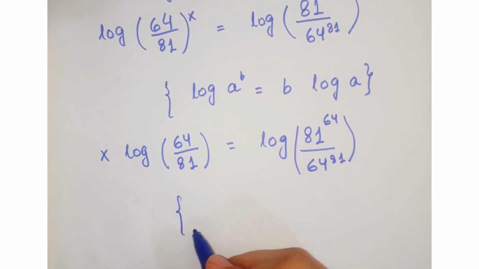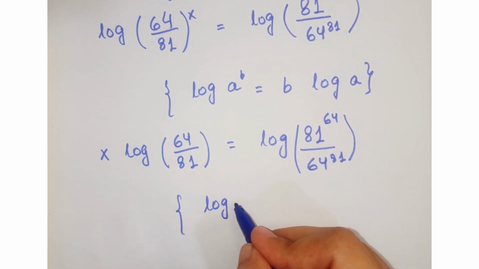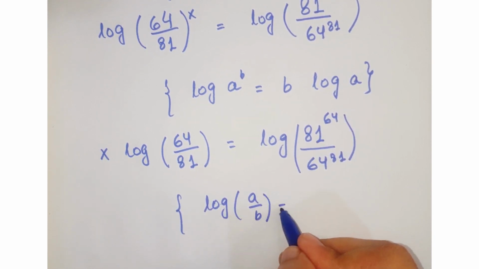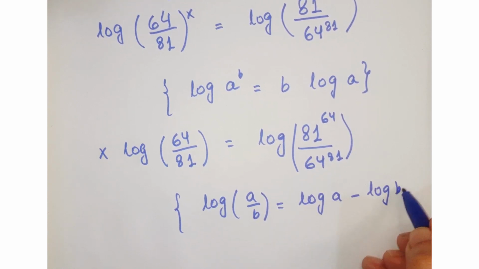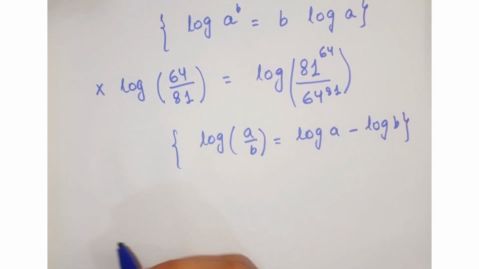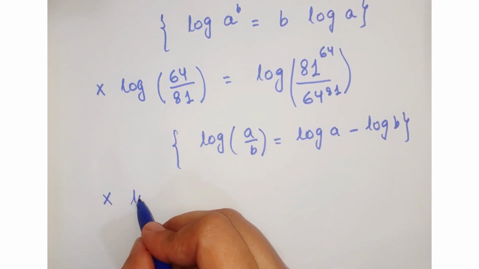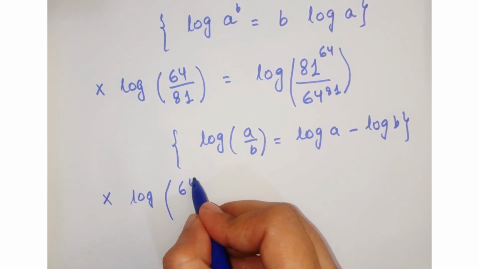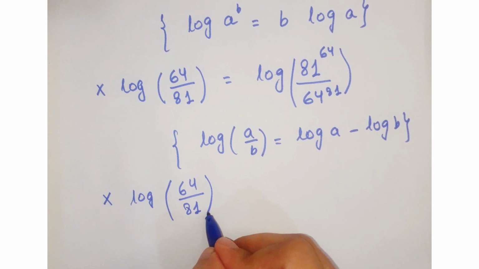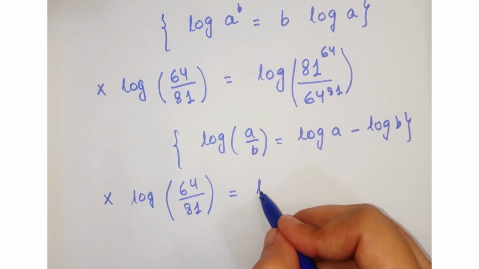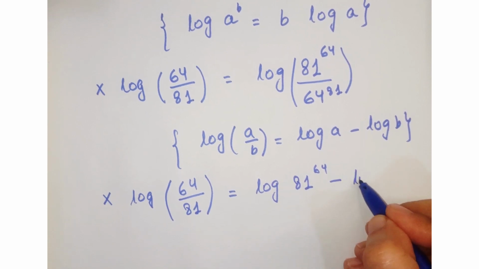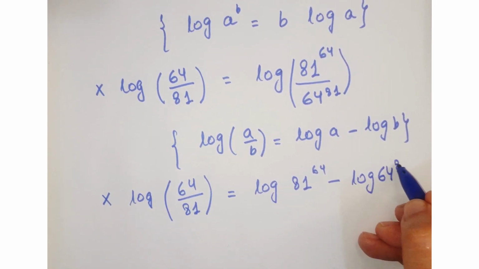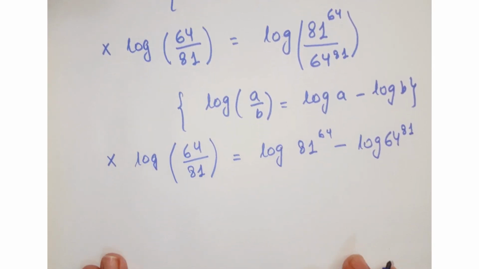Now there is another property of log, that is log of a upon b can be written as log of a minus log of b. We are going to keep this term as it is and just write here log of 81 to the power 64 minus log of 64 to the power 81.